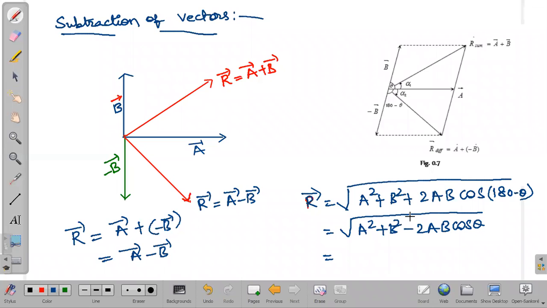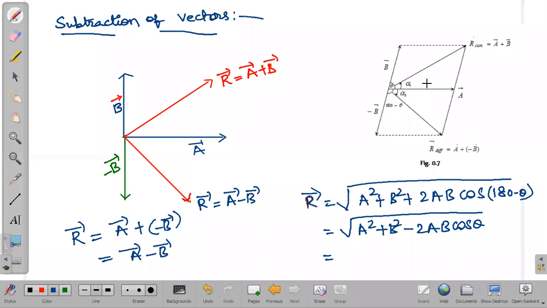Same way we can take angles also. Alpha 1 is the angle between the resultant vector and the horizontal vector when we are adding vectors. Here also the angle between the resultant vector and the horizontal vector is alpha 2, I am considering. Okay. Alpha 2 also we can find in the same way. Opposite side by adjacent side we take when we are taking tan alpha.